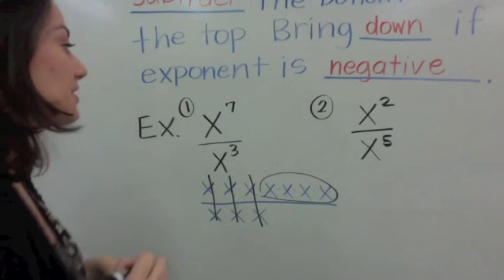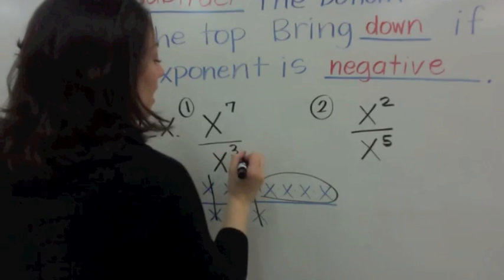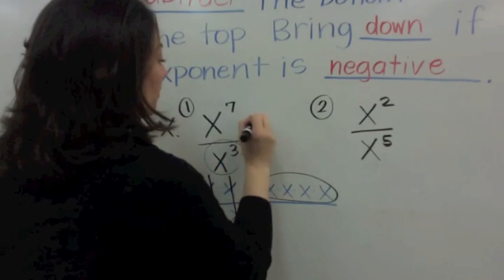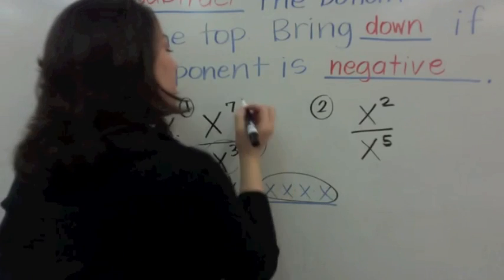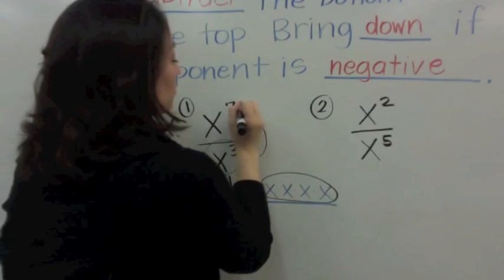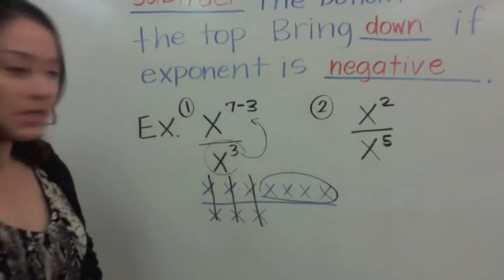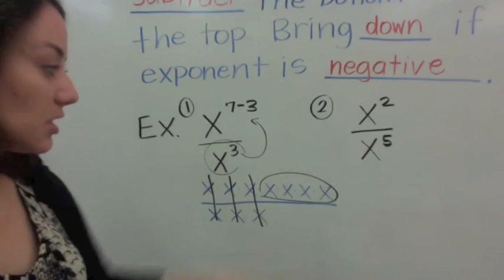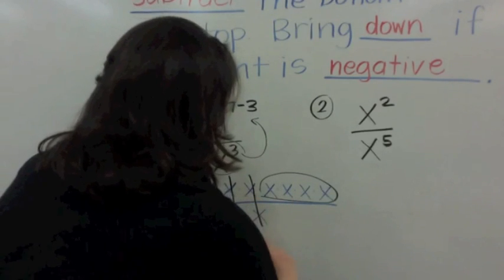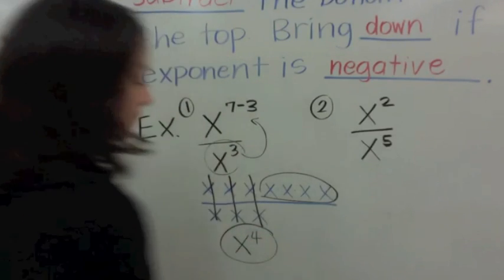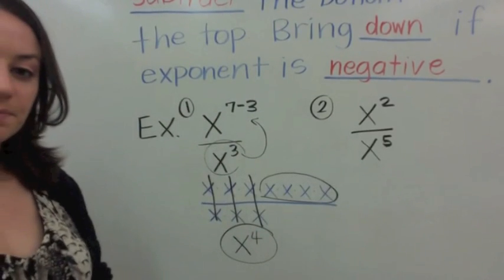Isn't that the same as bringing the bottom exponent to the top? What is that exponent at the bottom? It's 3. What is x to the 7th minus 3? 7 minus 3 is 4. So the answer left at the top is x to the 4th. Does that make sense?